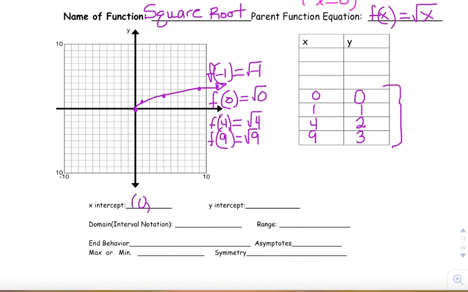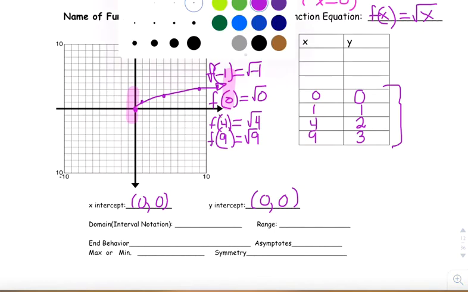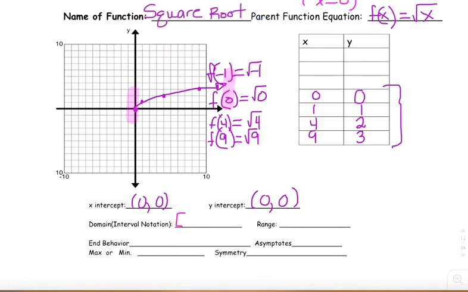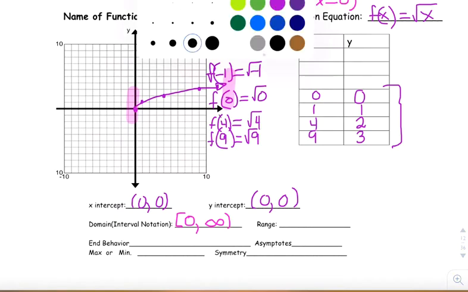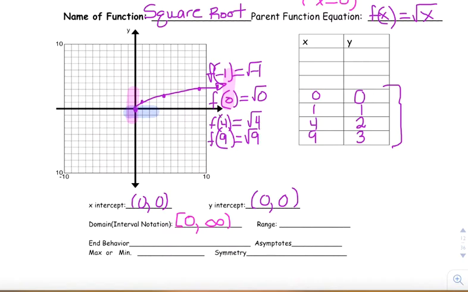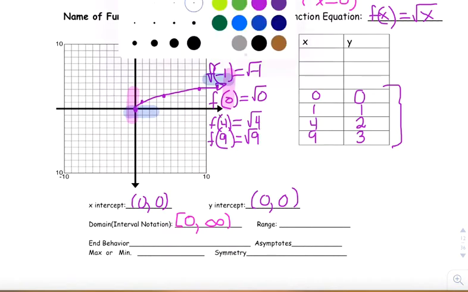We are still touching at 0, 0. Same for our y-intercept. Let's think about our domain. So our domain left to right, we start at 0 included, and we go to infinity. For our range, we start at 0 and go to infinity, so same as our domain.